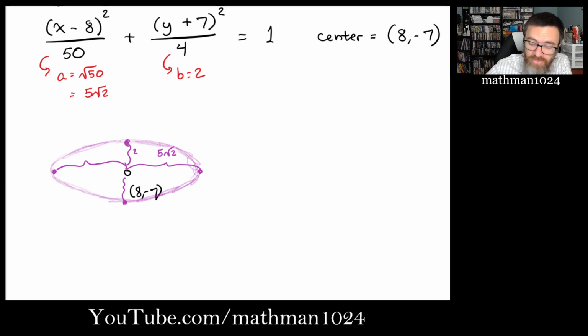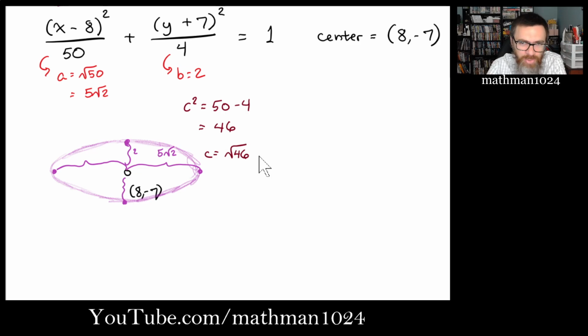We want to find the foci, so we need to find the c. So we start off with c squared. C squared is the difference between these guys, so 50 minus 4 is 46, and c is the square root of 46. Not a pretty number. It doesn't reduce, so we just have to leave it as it is.